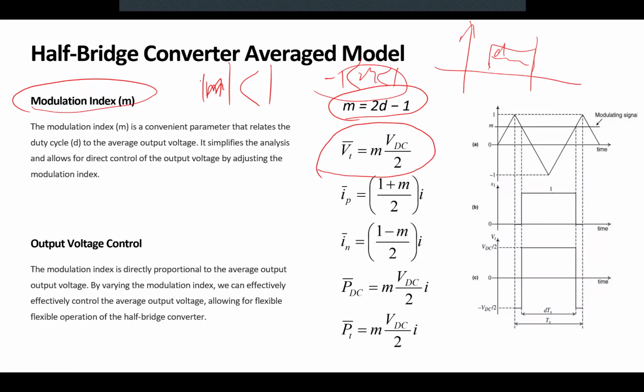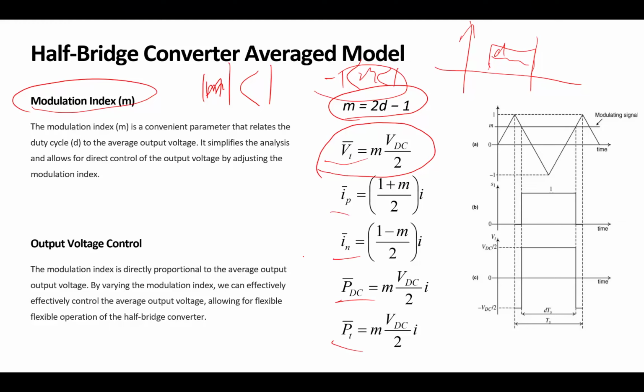Are we good? Now that we define the modulation index, we define our voltage and our currents and our powers based on the modulation index. And you can see in the power specifically what would be the efficiency of your inverter. What is the efficiency of the inverter? For any kind of system, the efficiency is output divided by input.